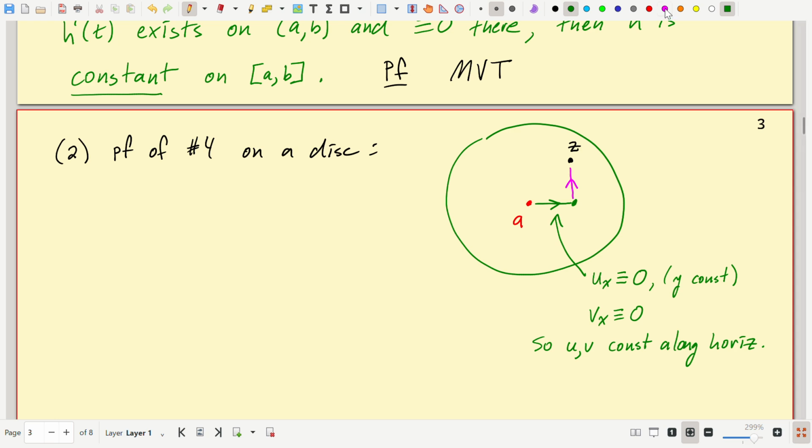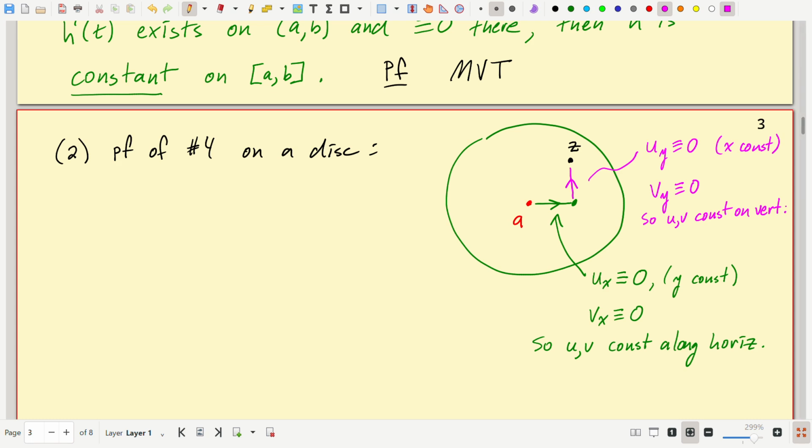And now I do the vertical one, and that's where I would use the fact that on the pink part, du dy is identically 0, and x is being held constant. And so it's really a function of just y there. And that partial derivative is 0, and the dv dy is also 0. So u and v are constant along the purple, on the vertical. And of course, it's the same.